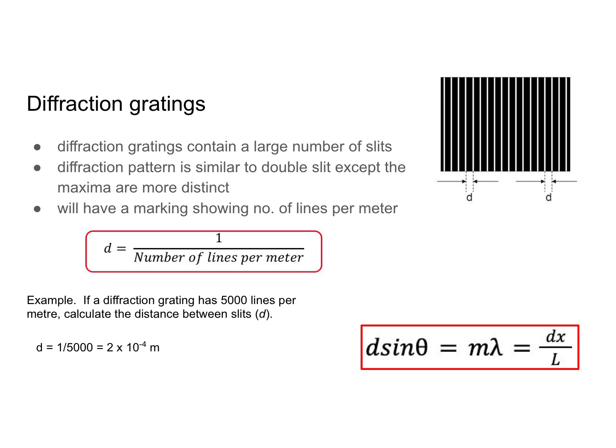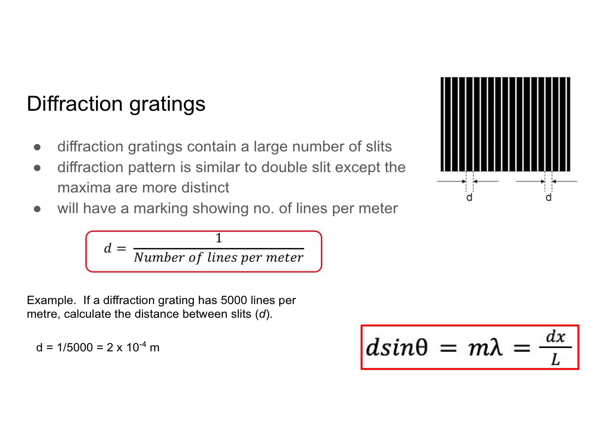You need to be able to determine the distance between the slits. There are regular spaces between them of equal length. To determine the number of lines per meter, you just get 1 meter divided by the number of lines.